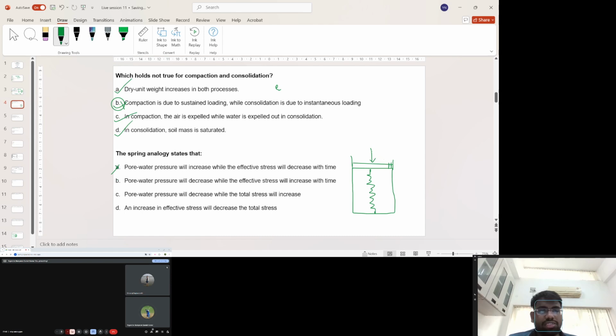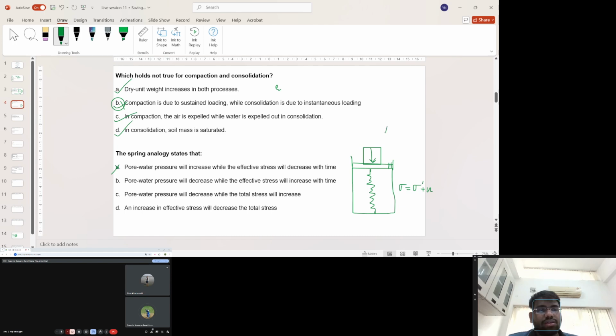Now the total stress which you apply is the interplay between sigma total, which is equal to sigma dash plus pore water pressure. The total stress is the stress which you apply. The primary condition is that this load which you apply should remain sustained, that means its magnitude should not change.